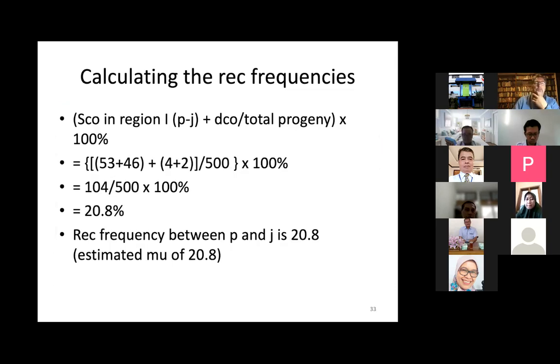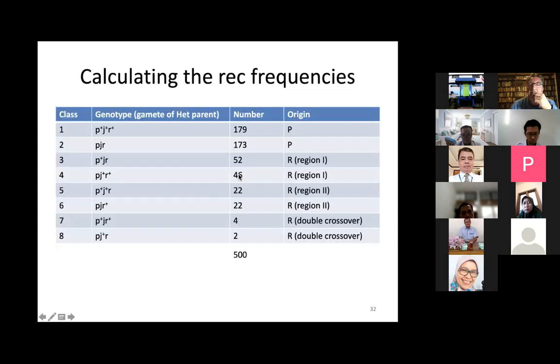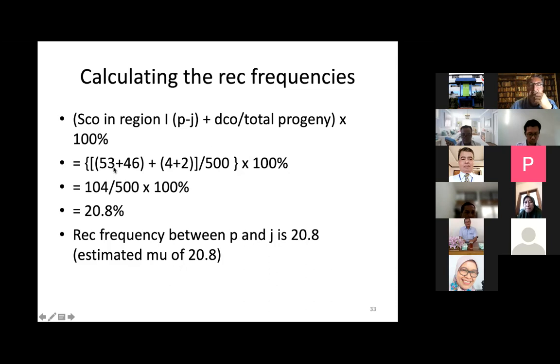So in order to calculate the recombination frequencies, we need to sum the single crossover in region 1, PJ, plus double crossovers over the total progeny times 100%. That will give us the recombination frequencies in region 1. So in region 1, we have 52 plus 46. Sorry, that's wrong. 52 here.